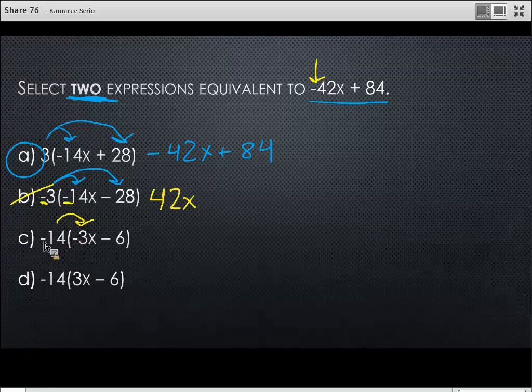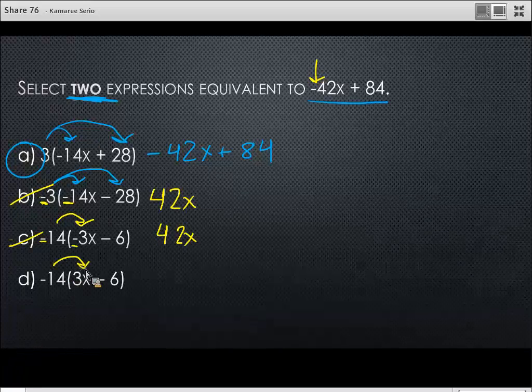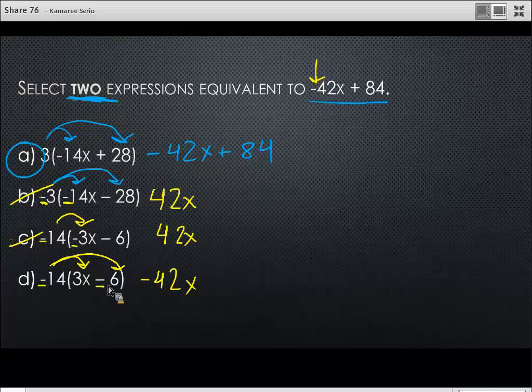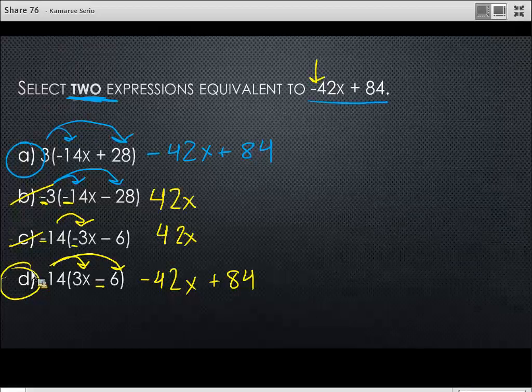Again, here I have a negative and a negative, which means I'm going to get a positive 42x again, so it can't be C. So let's double check this last one, right? Negative and positive gives me negative 42x. And I have a negative and a negative. Remember, the minus sign in front of the 6 means that you can treat it like it's a negative 6. So negative times negative is positive. So it should be A and D, at least for this example.